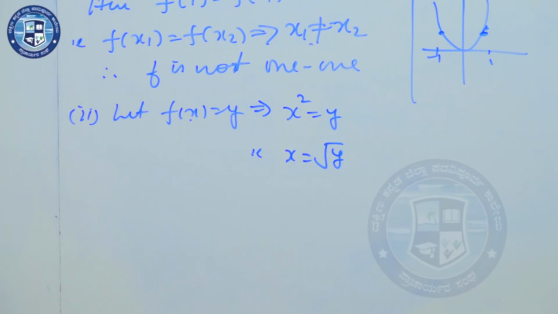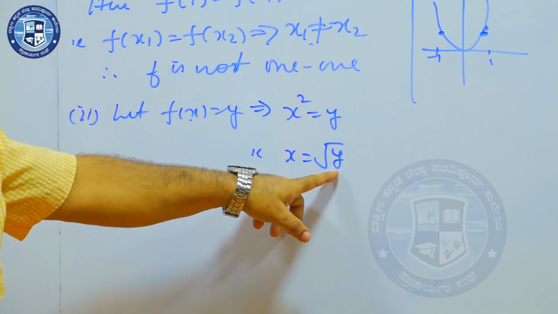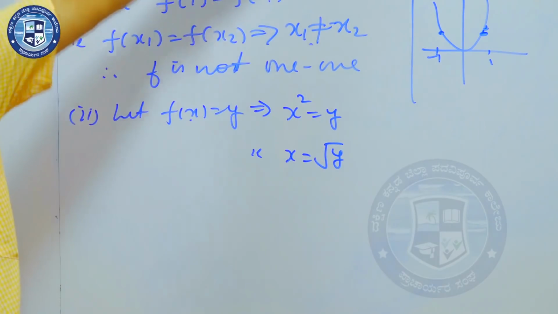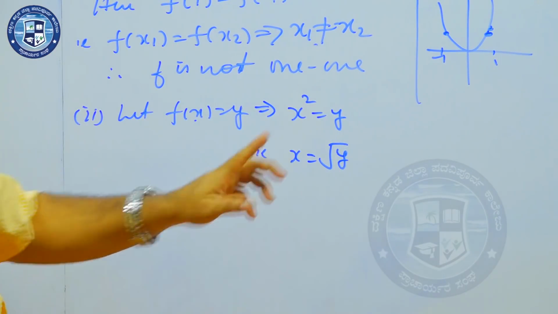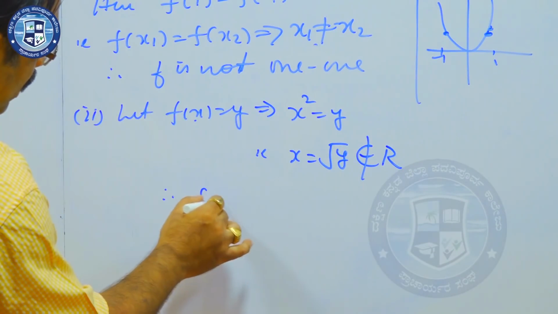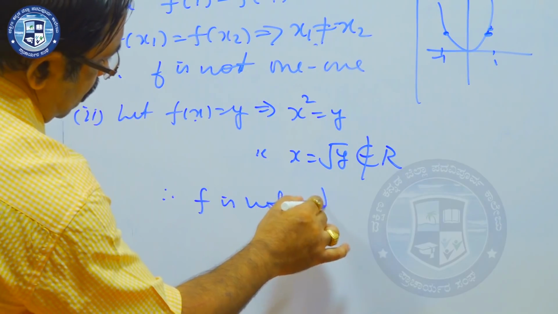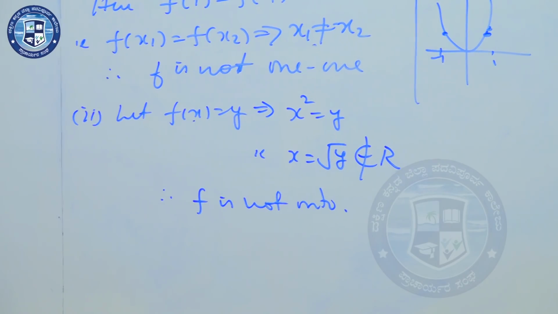Does it belong to R? If y is positive, then obviously root y belongs to R. But y is a real number, so y can take negative value also. Therefore, it does not belong to R. Therefore, f is not onto. So, thus we can give the conclusion. The function is neither 1 to 1 nor onto.